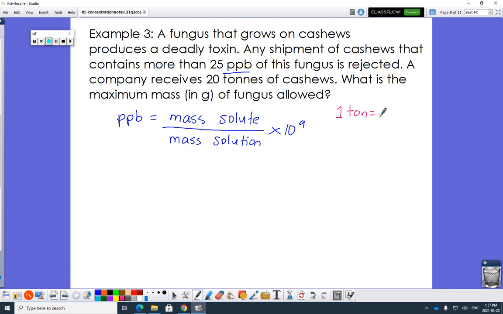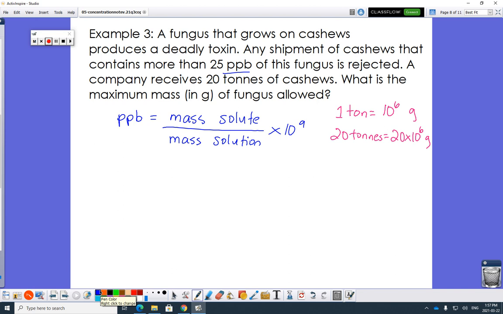One ton is 1,000,000 grams. So again, either write out 1,000,000 or you can write it like this. So what I'm going to do for 20 tons, then I'm going to say that's 20 million grams. So I'm going to cheat a little bit with my scientific notation.